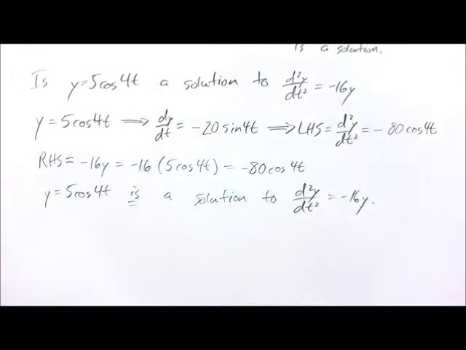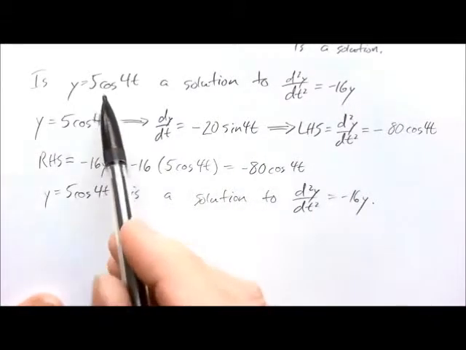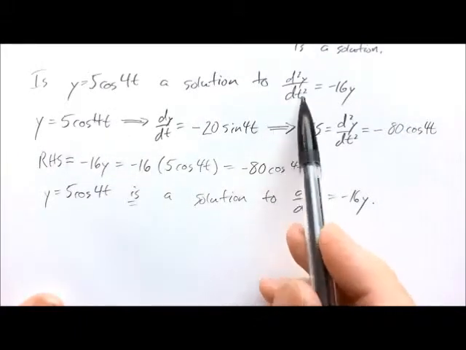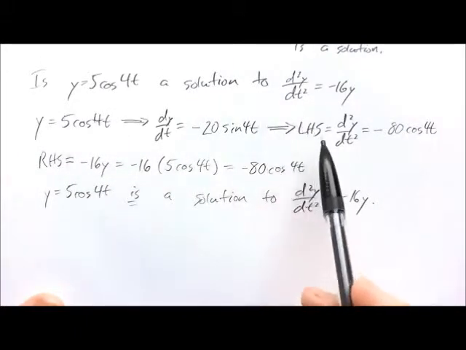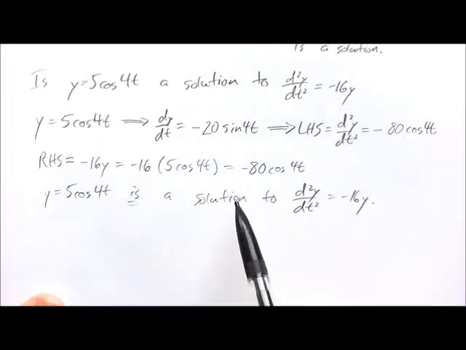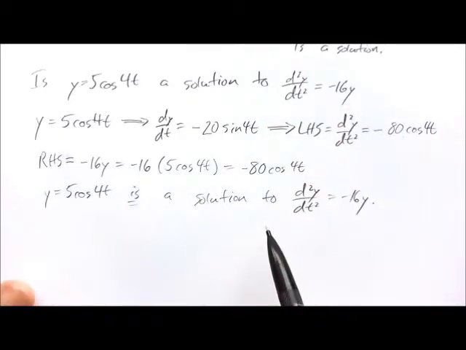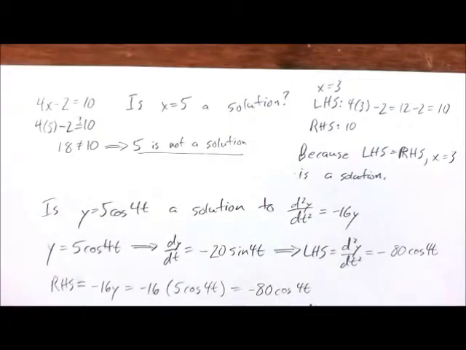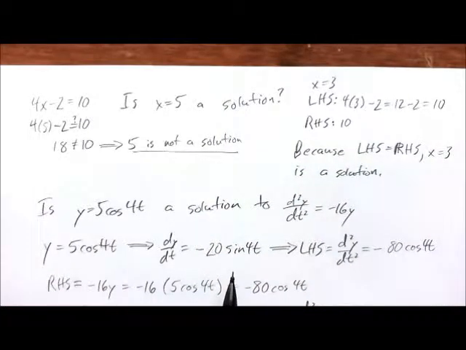All right, so again, let me just recap. We take our function and we calculate any derivatives necessary to get the left-hand side. We compute it, we compute the right-hand side, and we then determine whether this is a solution. Now notice the difference between our algebraic situation up here and the differential equation.